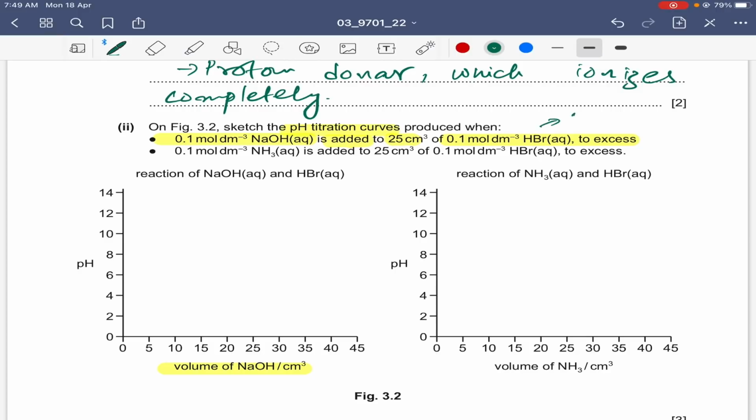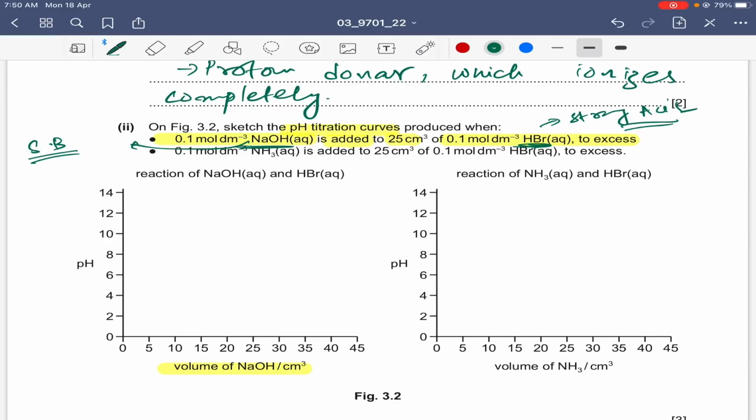So HBr is a strong acid and NaOH is a strong base. So we are adding a strong base into a strong acid, and HBr is a monoprotic acid and NaOH is a monoacidic base.